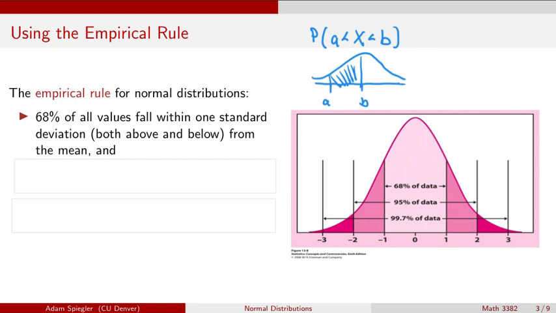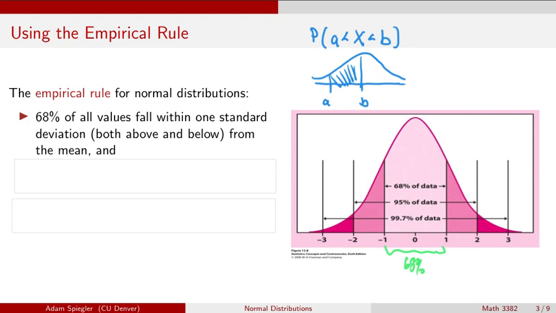One such nice trick to get approximate values is to use what's called the empirical rule. The empirical rule tells us that if we start at the mean, which is indicated at 0, for any normally distributed distribution, if we go one standard deviation above the mean and one standard deviation below the mean, then inside this region we have an area which accounts for 68% of the total area.